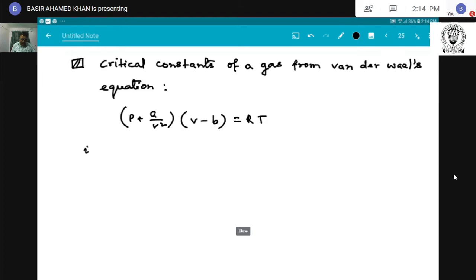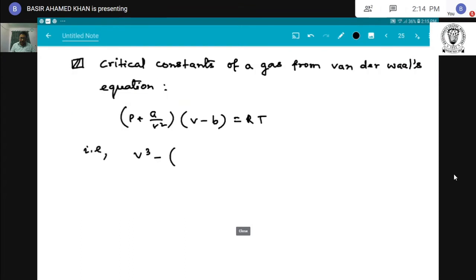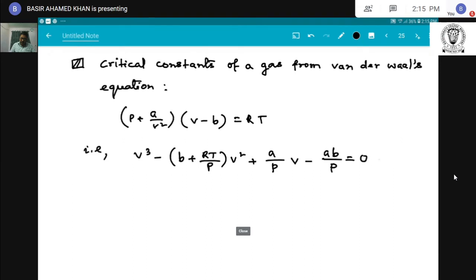This equation becomes a cubic in V, as I already showed on the previous page: V³ − (b + RT/P)V² + (a/P)V − ab/P = 0. So I write this as equation 2.